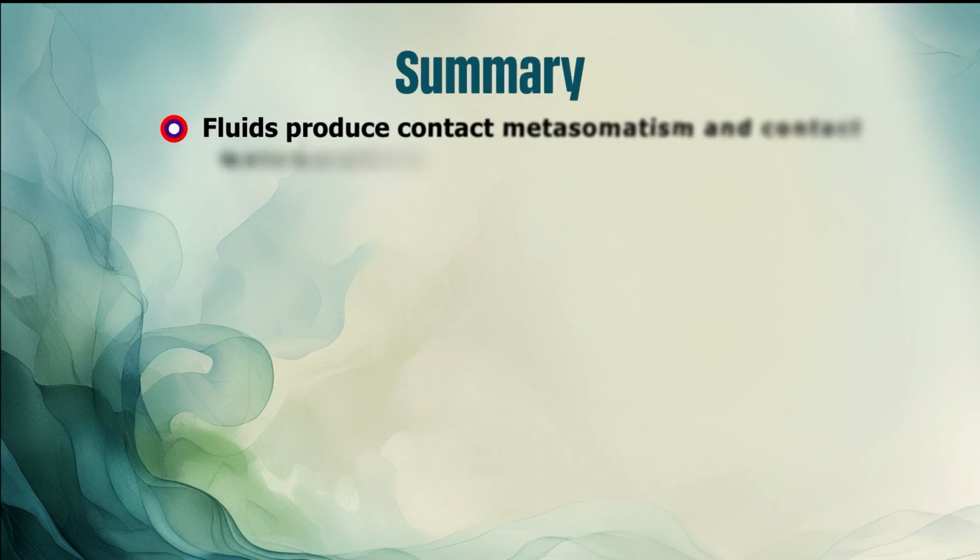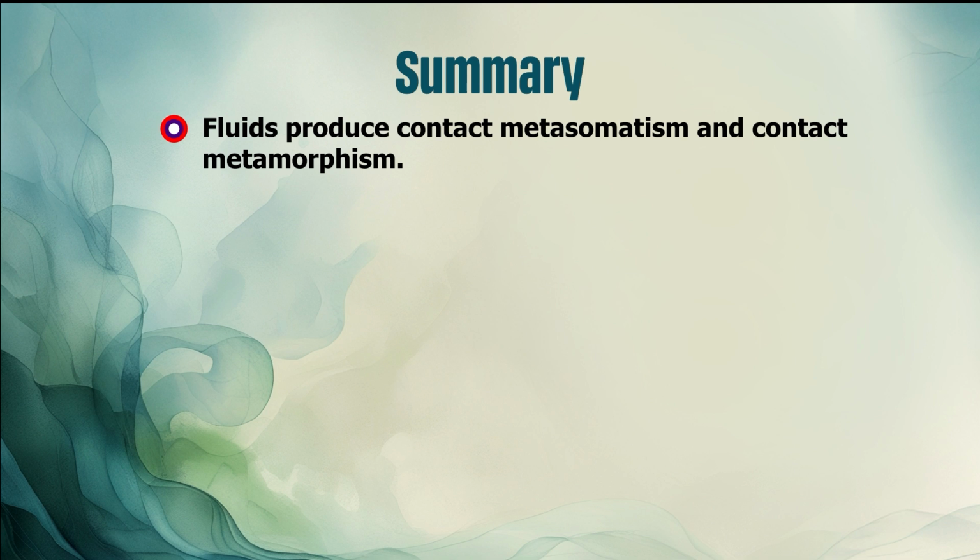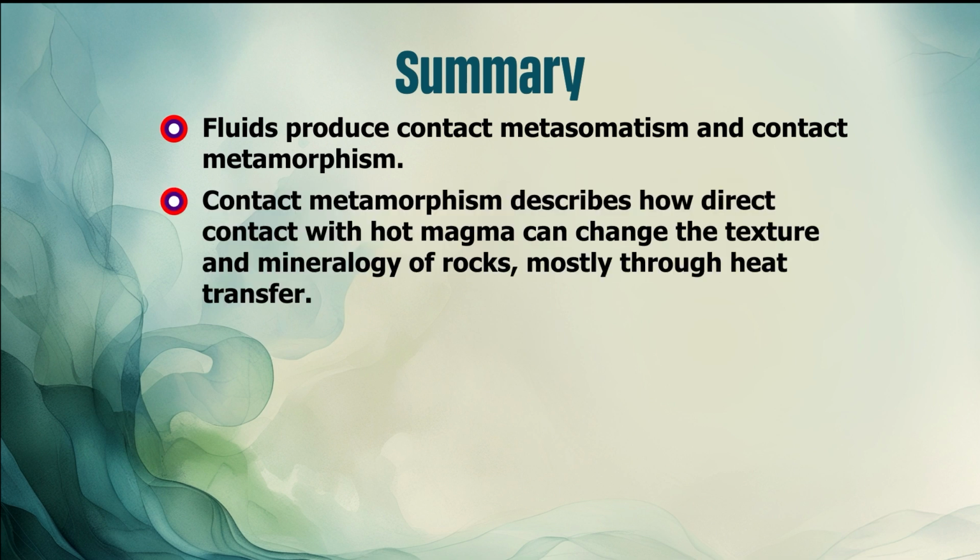Now, viewers, let us summarize what we have discussed in this video. Fluids produce contact metasomatism and contact metamorphism. Contact metamorphism describes how direct contact with hot magma can change the texture and mineralogy of rocks, mostly through heat transfer.